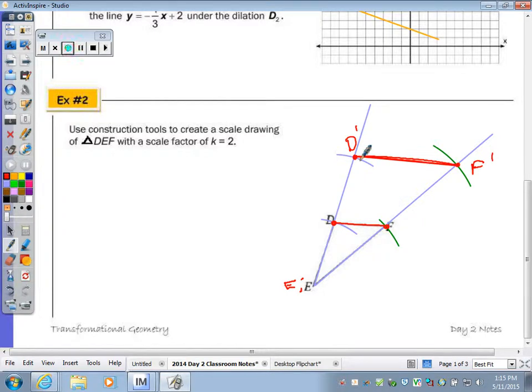Because these are midpoints, DF is a mid-segment. And that's the only time it's a mid-segment. If D prime F prime was 8, what's the length of DF? 4. That's the only time it's half, when those two points are midpoints. Okay? So let's take a look at the next page.